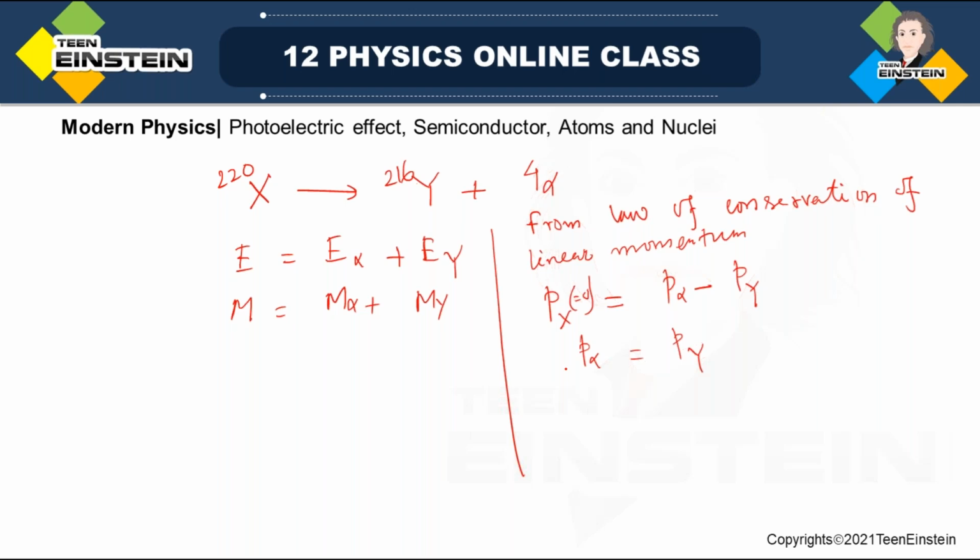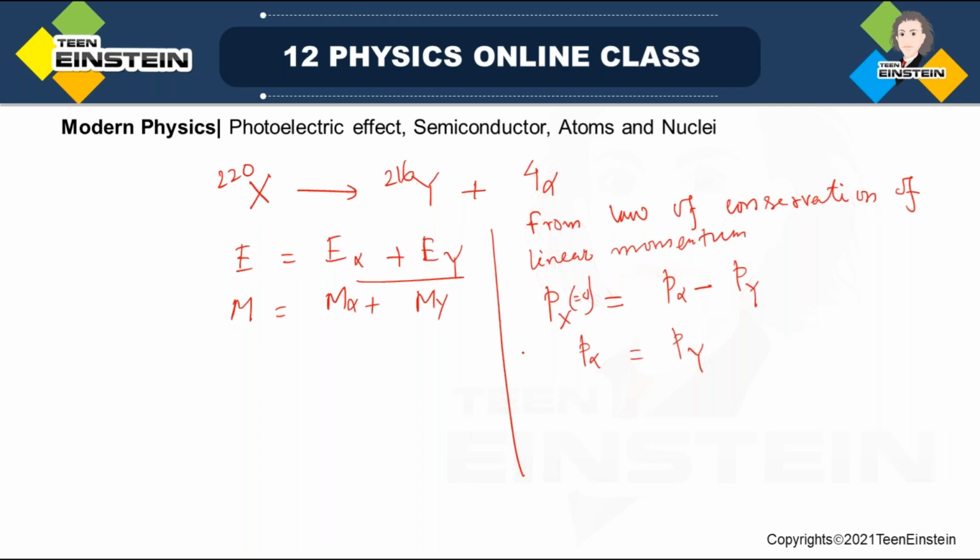This is the alpha particle, this is the nucleus. Again, the total energy is E alpha plus E of the recoil nucleus.